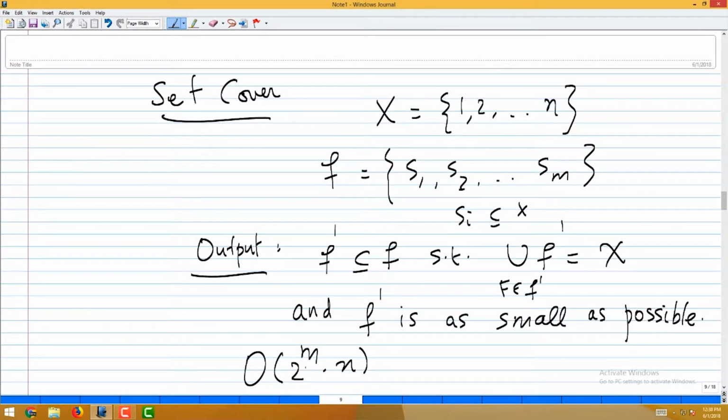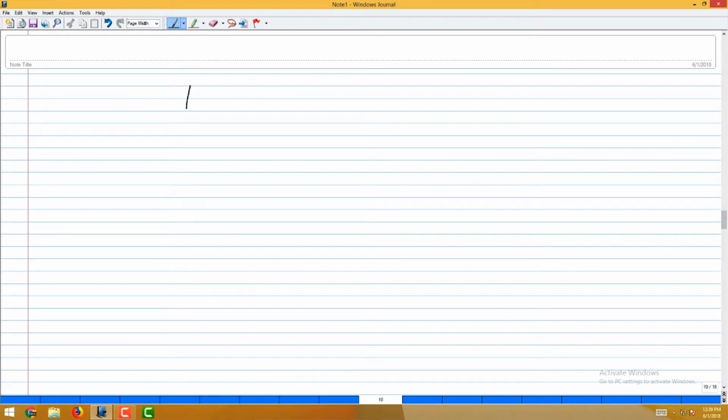So, how do we set up dynamic programming? We want to check what the subproblems to compute are, and the optimum solution will tell us that, right.